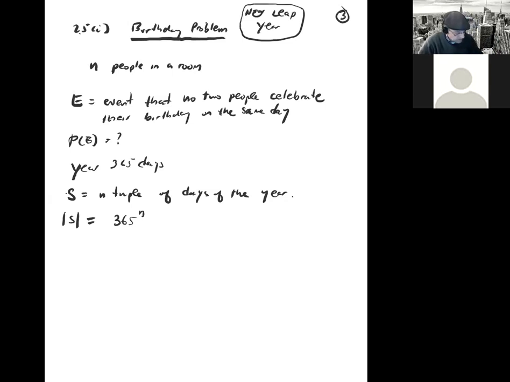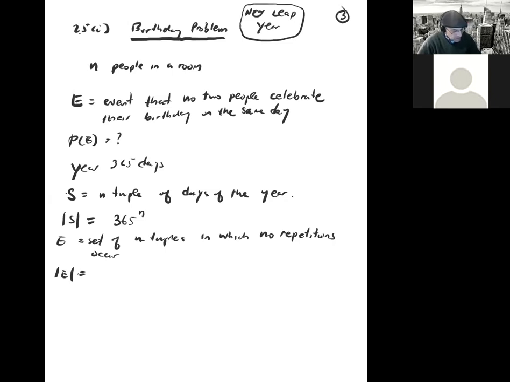Now, what is E? What is its size? E is the set of n-tuples in which no repetitions occur. So let me indicate that first. E equals the set of n-tuples in which no repetitions occur. What is the cardinality of E?